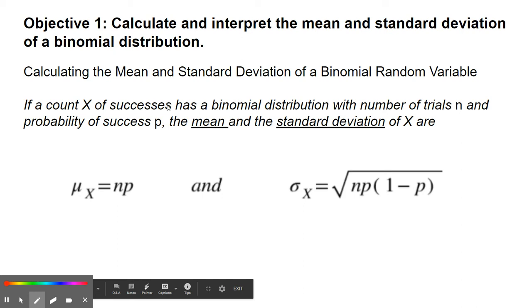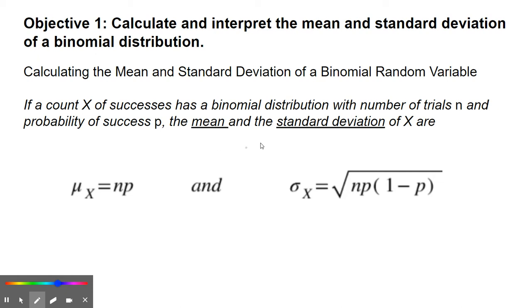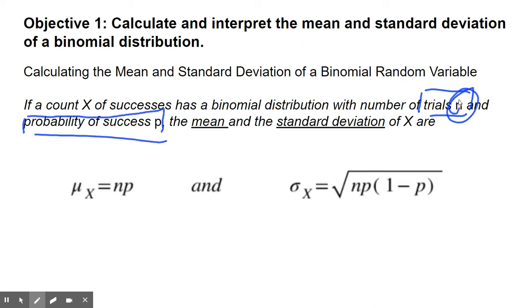So if I want to calculate them, remember the two most important letters in a binomial setting are the number of trials, n, and the success probability, p. Remember, n and p define the binomial distribution. So, of course, the mean and standard deviation involve them.